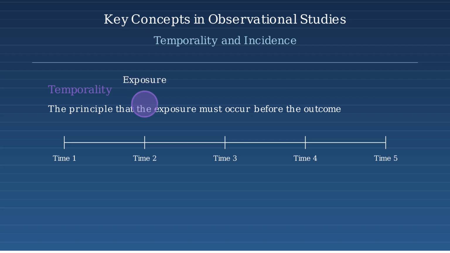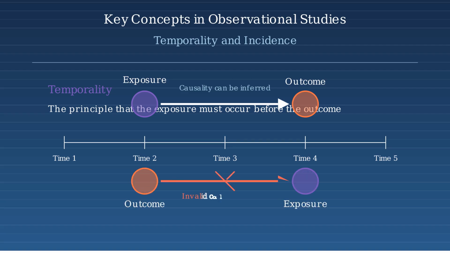In a proper causal relationship, the exposure must precede the outcome. For example, smoking, the exposure, comes before developing lung cancer, the outcome. When the outcome precedes the exposure, or if we can't establish which came first, we cannot validly infer causation. This is why temporality is a critical criterion in Bradford Hill's principles of causation.